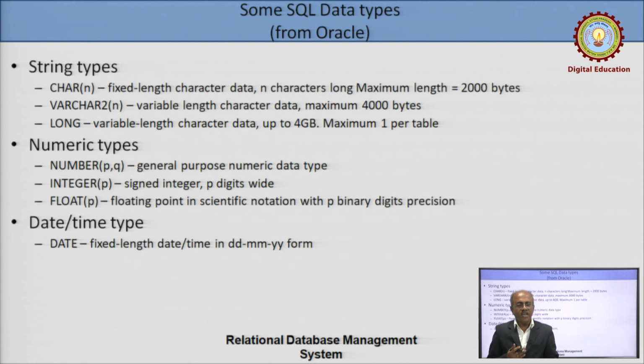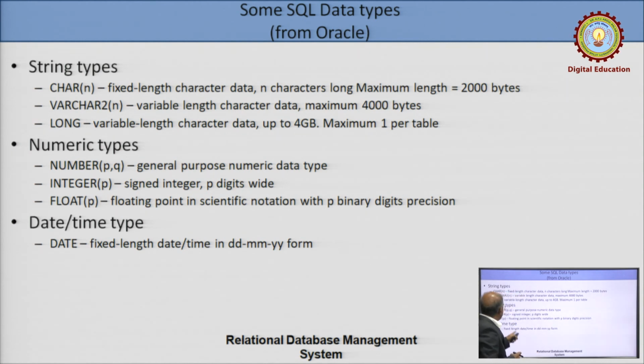Then we have some data types also. The RDBMS system provides us some data types. String types, where character, variable character and long characters are there. Numeric data types are declared as number P, Q, a general purpose numeric data type, where P is the total number of digits, out of which Q digits are after the decimal.